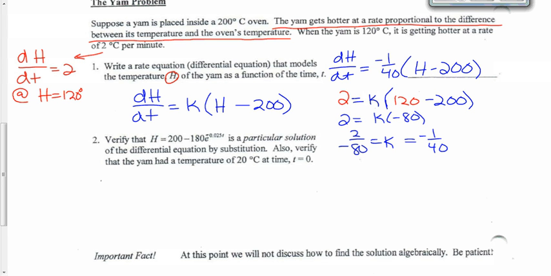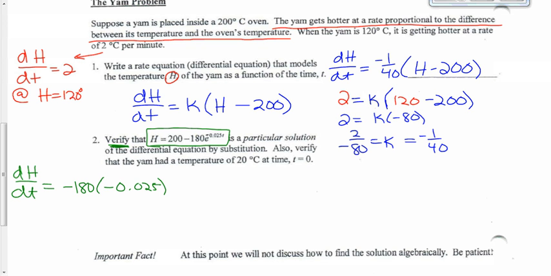So moving on to the next one, again we're doing some verifying. So we're going to verify that this particular H right here is a solution to the differential equation that I wrote for number 1. So the first thing I need to do is actually find what dH/dt is for this particular equation. The derivative of 200 is 0. I'm going to have negative 180 times negative 0.025 times e to the negative 0.025t.